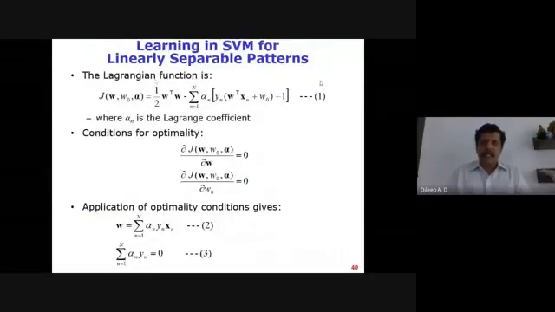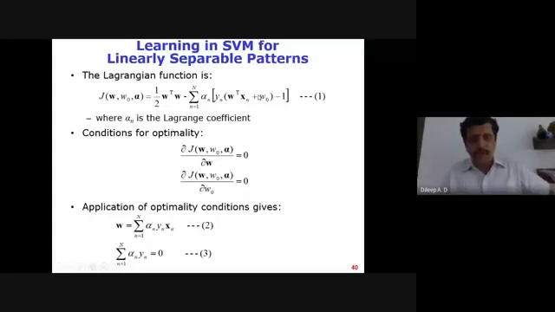Here the constraints are subtracted, weighted with a coefficient called the Lagrangian coefficient, associated with each of the data points. Now it becomes an unconstrained optimization, where we compute the gradient of this cost function with respect to its parameters, the W vector and W naught, and equate it to 0 to solve this.